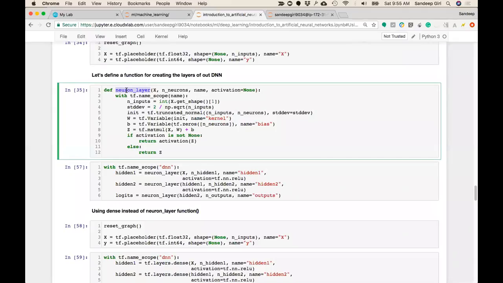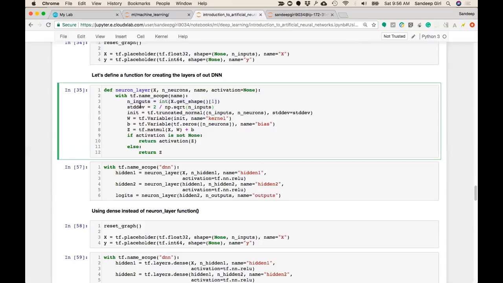So it's the same function. We are defining our own function, which takes capital X, number of neurons, meaning it takes the input layer and the number of neurons in the current layer, and then the name of the current layer, and then it creates that layer. Okay, so for this scope, we are creating the number of inputs. Here you can see it's an empty array, so number of inputs.